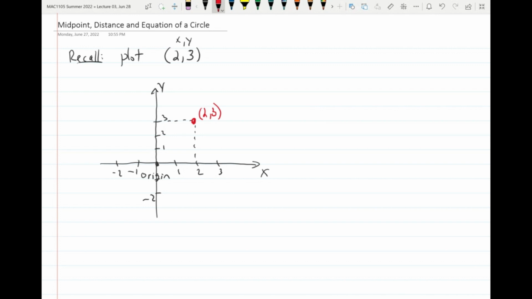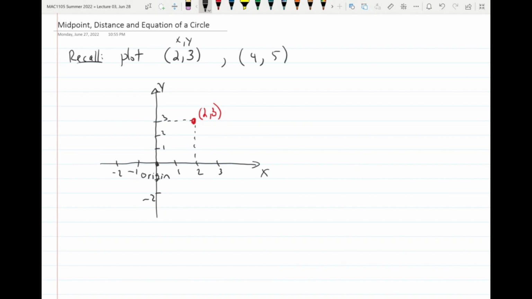So now another question arises. If I give you 2 points on the plane, we can always look at the line segment connecting the 2 points, right? And another question is, what's the middle? So given 2 points, how do you find the point between those two? In other words, the midpoint of the line segment. Okay? So if I give you another point, let's say 4,5.